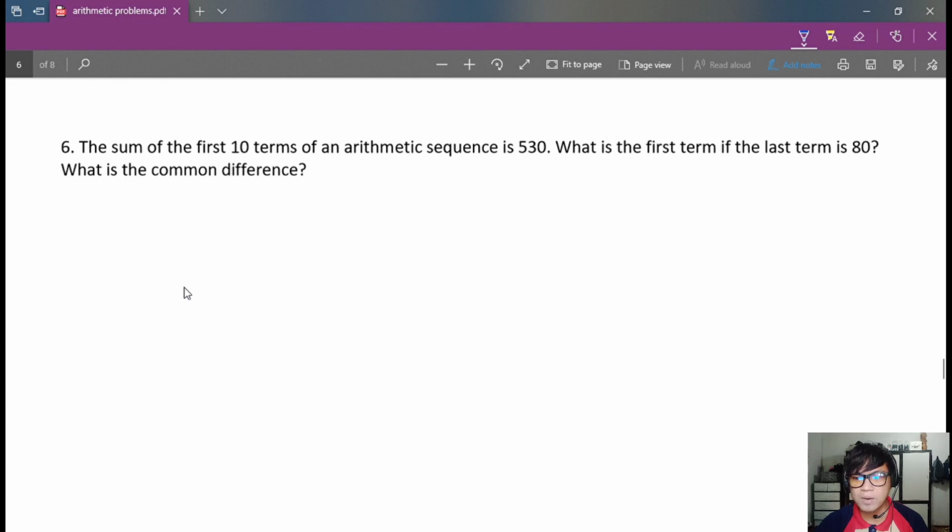What is the common difference? So, ang hinahanap natin is yung first term. Given yung S sub 10 natin, which is the sum of the first 10 terms. The sum of the first 10 terms is 530.